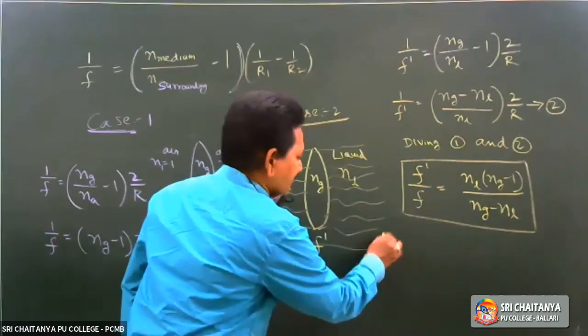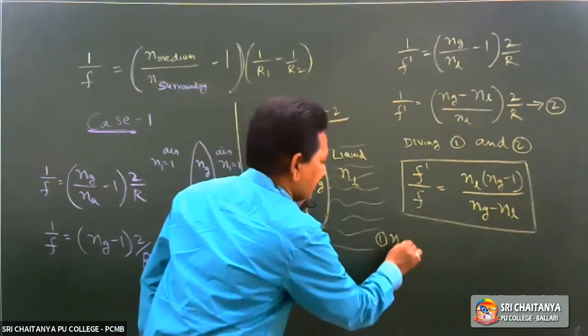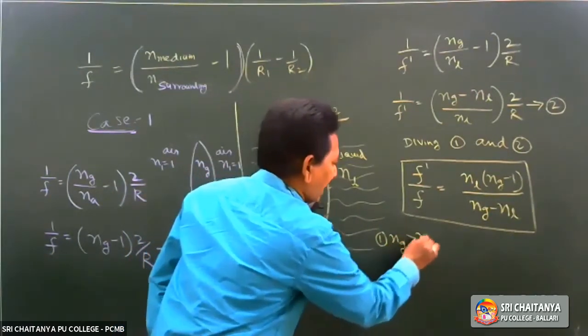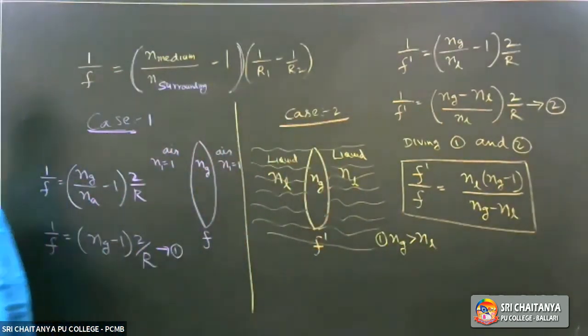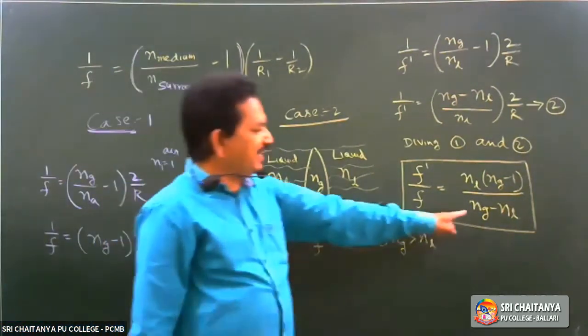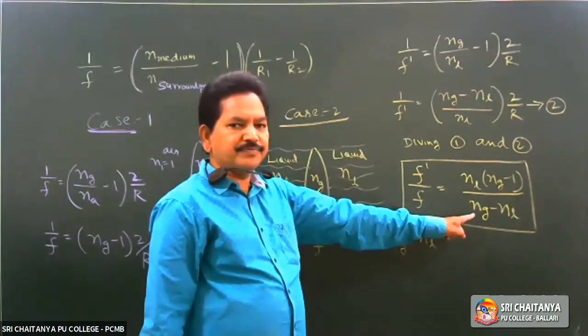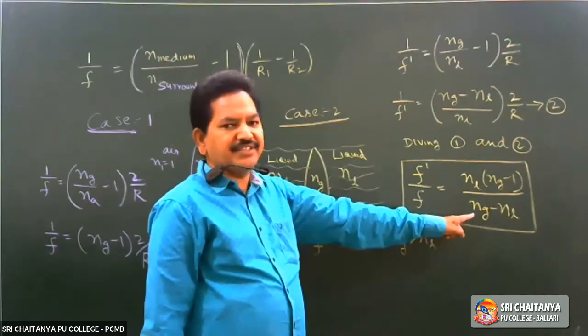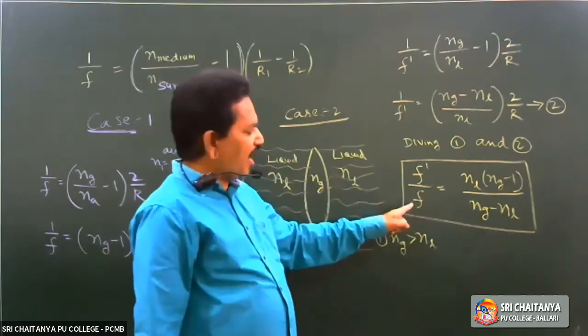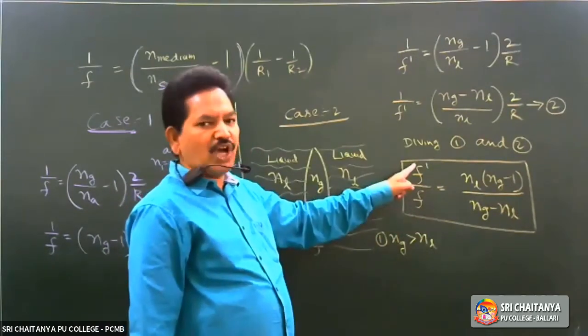Therefore, three cases. Ng greater than Nl: the denominator is positive, and the nature of the lens will not change. If it is convex, it stays convex.